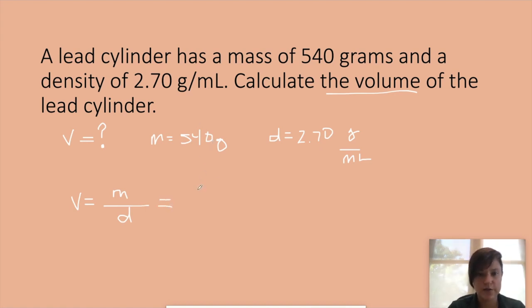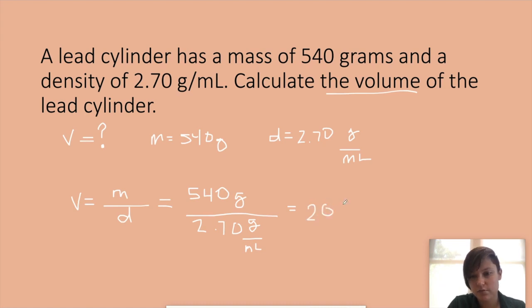So mass is 540 grams. And then our density is 2.70 grams per milliliter. And then again, just type that into our calculator. So we get 540 divided by 2.70, and we get 200. 200 milliliters.